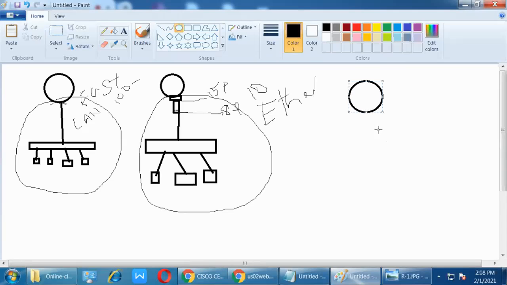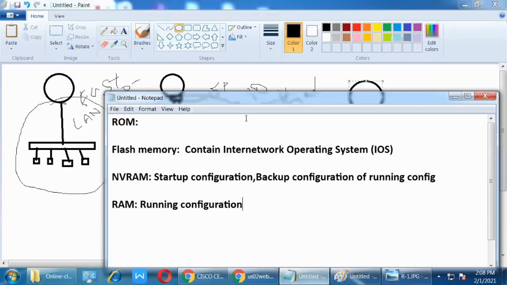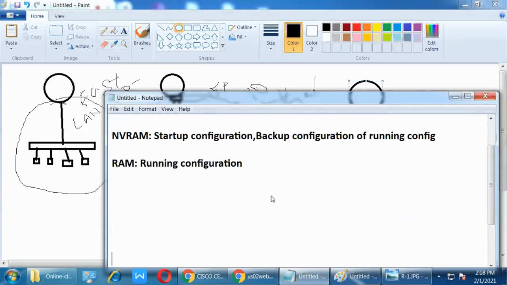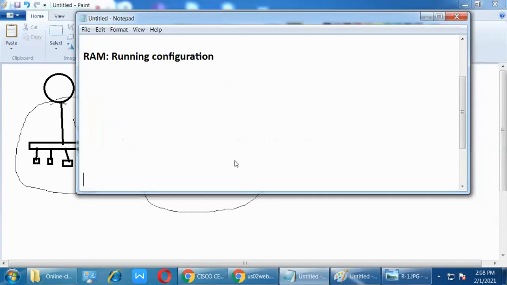So which purpose are we using the serial port for? The serial port is completely for WAN communication. We are using it completely for WAN communication purpose.